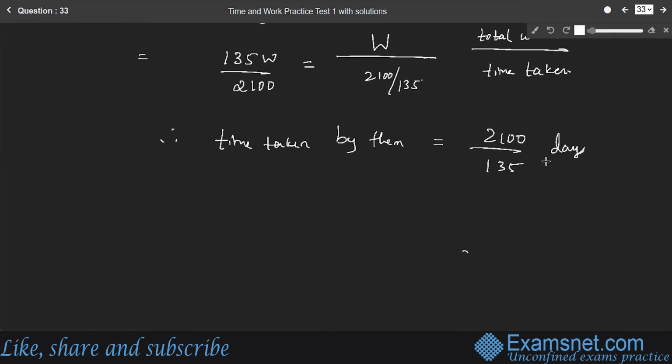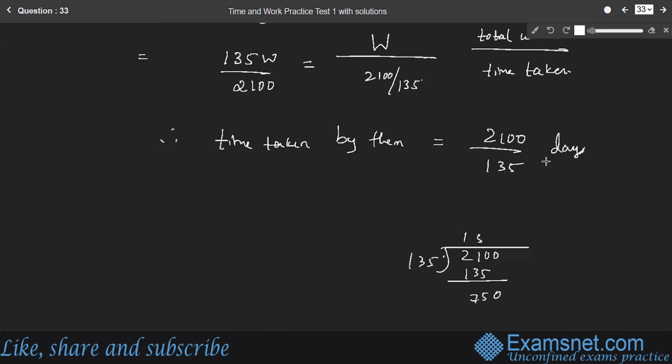Simplify it. 2100 by 135: 135 into 1 gives 135, so you have 7 and 75 as the remainder.